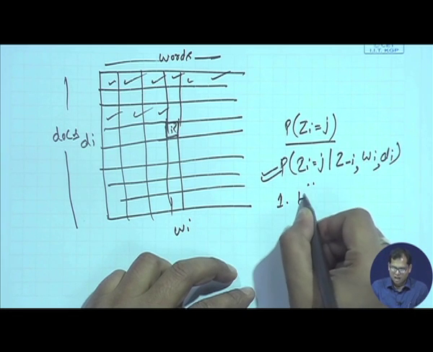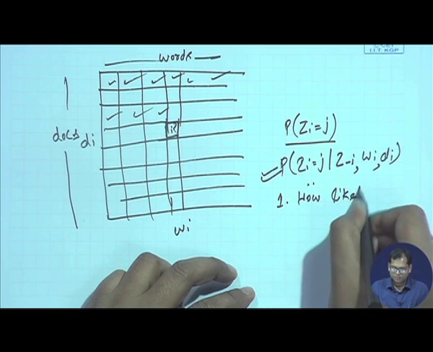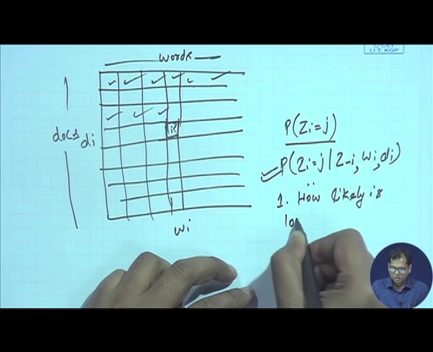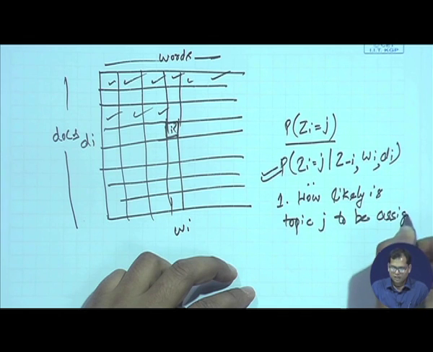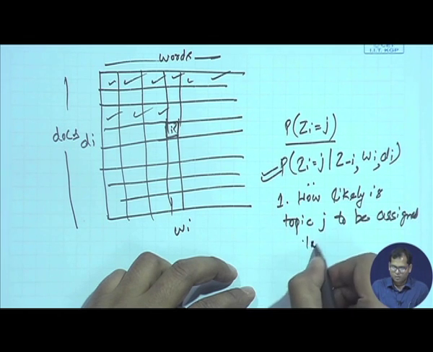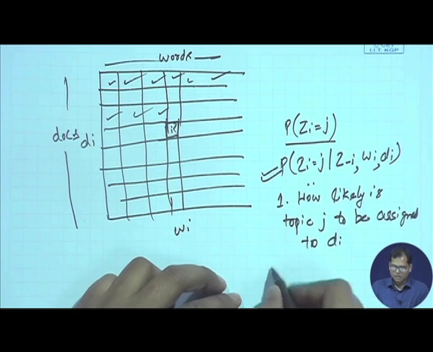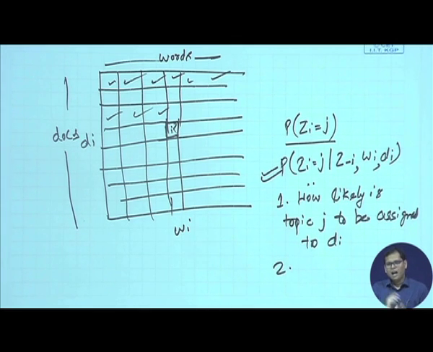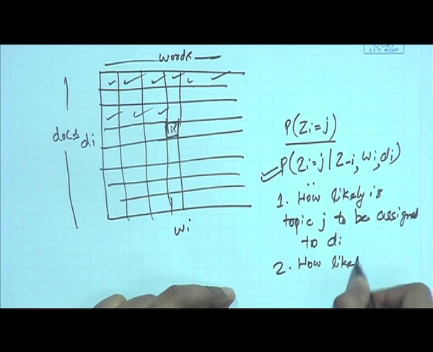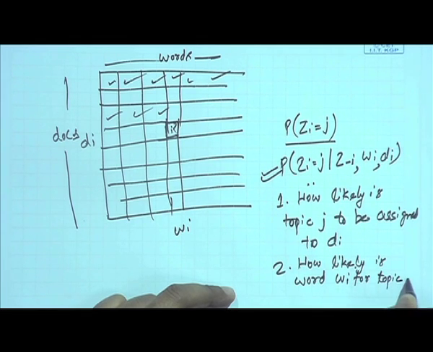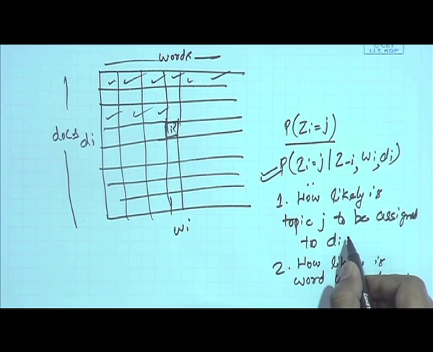So that is how likely is topic j to be assigned to d_i. What is the next thing? How likely is it that this word occurs in topic j? Is word w_i for topic j. So these are two things I need to know.